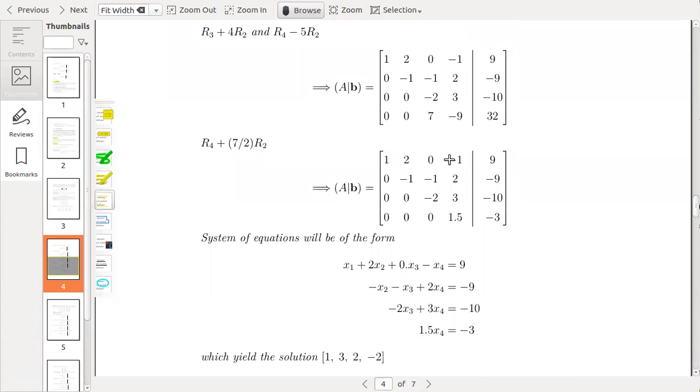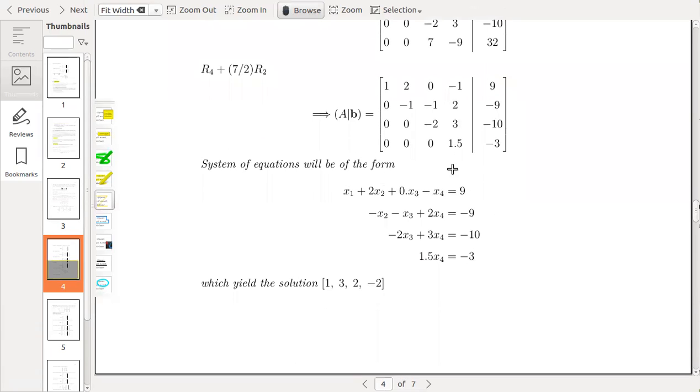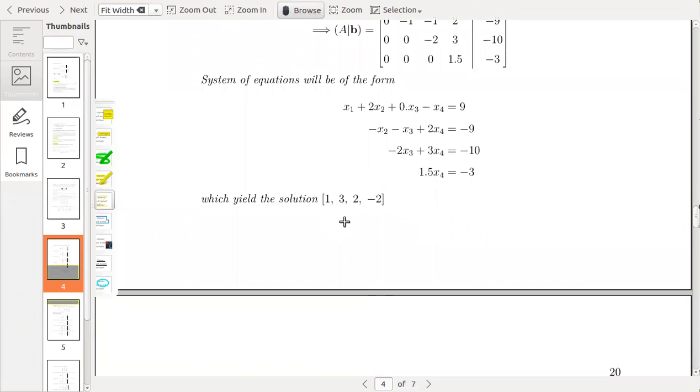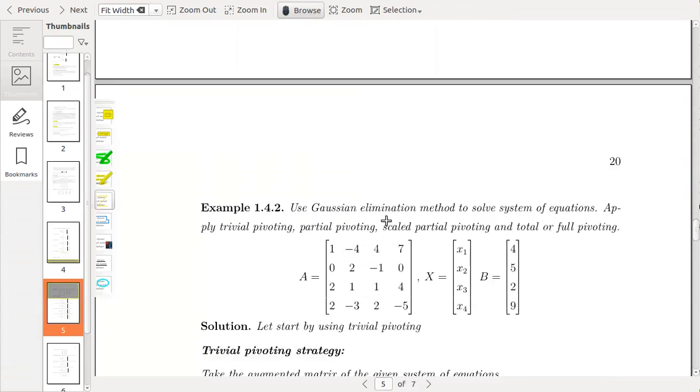And by performing the operation, we have reduced 7 to 0. So this matrix is completely transformed into an upper triangular matrix, and now we perform backward substitution to get the solution. This 1.5 x4 is equal to -3, and then we substitute this value in this equation and we get the solution 1, 3, 2, -2.